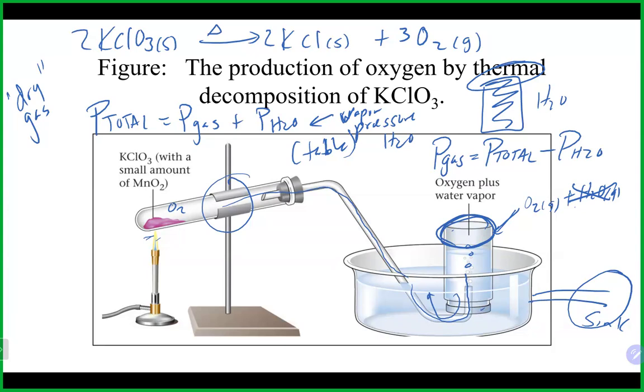Now, how do you know it is the situation in textbook problems or problems in general? There's usually some words that you oftentimes see. Usually it will mention something like you collected the gas over water, or you collected it saturated with water vapor, or it may just ask you to calculate the pressure of the dry gas.